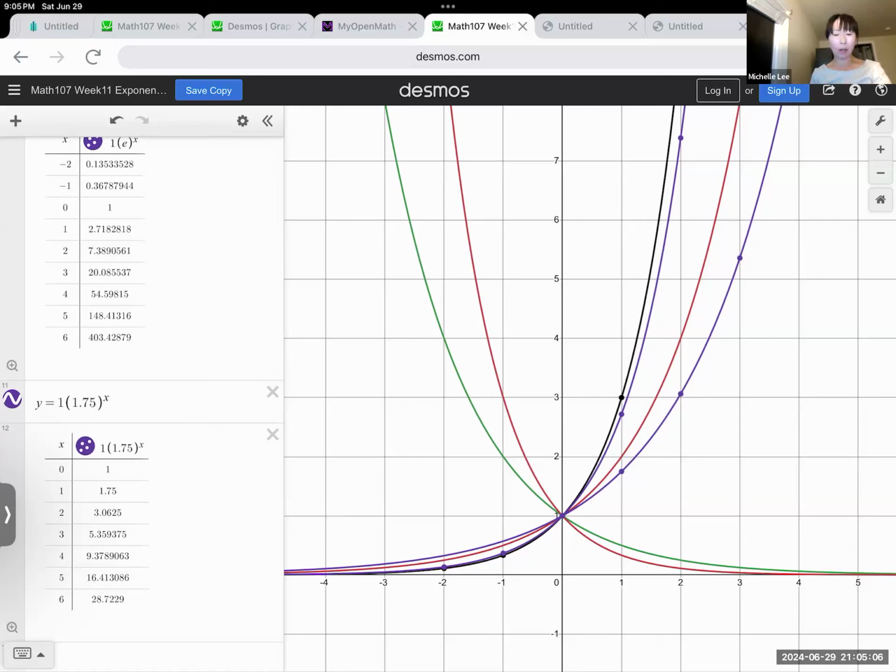They should use a different color. This one is 1.75 to the x power. Make sense?